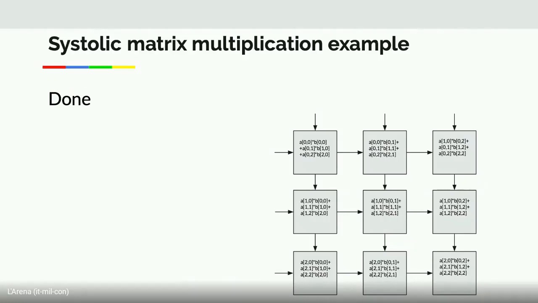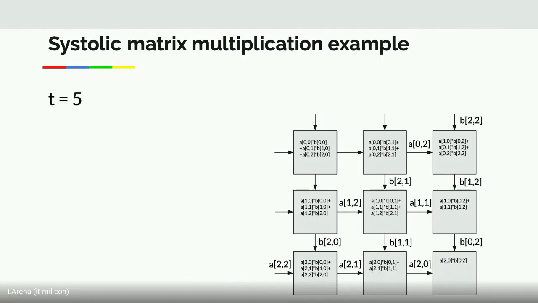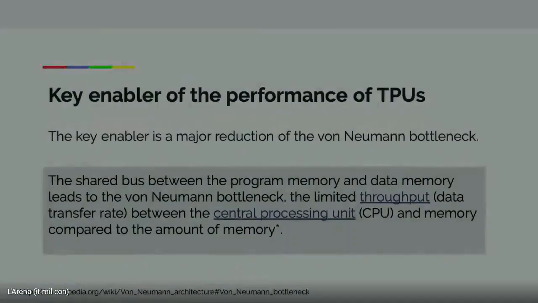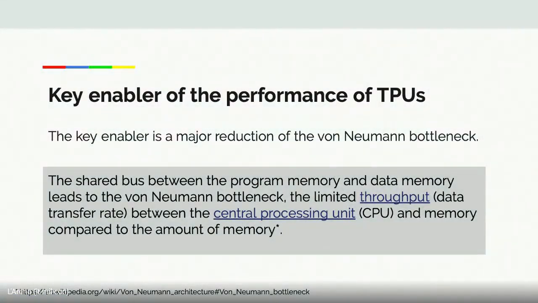What's important is that you don't actually access memory. Those units are just talking to each other, and of course this is very fast, and they don't need to transfer much information, right? Of course, TPUs are not 3 by 3; they're a bit bigger. But the main point here is this one.